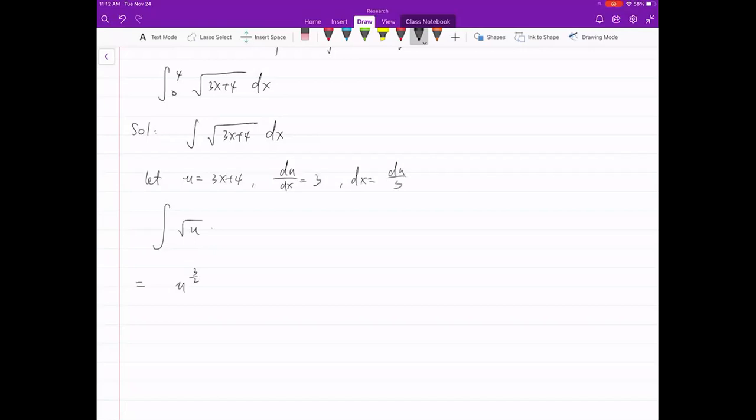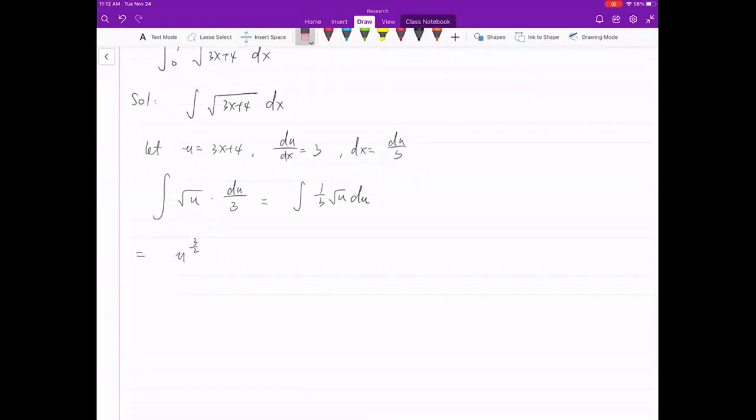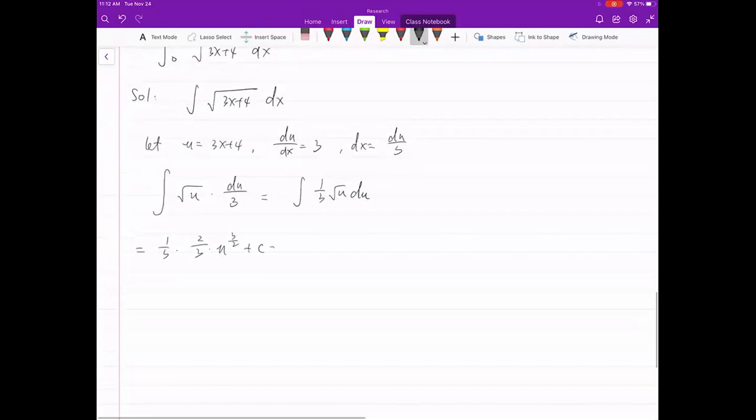That's a classic u-sub. You see a dx, replace it by du over 3. So this is 1/3 square root of u du. 1/3 is not a problem at all. So take 1/3 out. You do want u to the 3/2, but in order to make sure it's well defined, you need times 2/3. Plus a c.